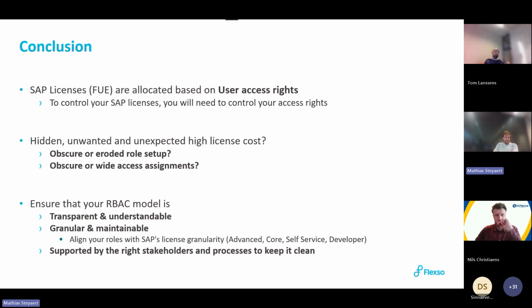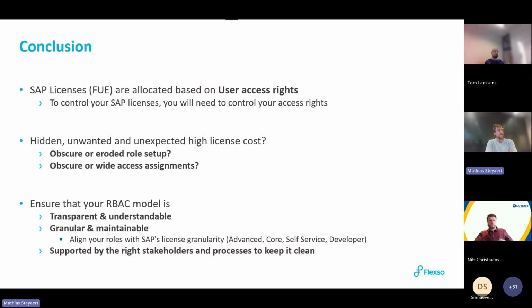By using, of course, a role-based model, which is mandatory in SAP. You get access via roles. So transparent and understandable, that's the labels, so the role content matches the role description. Granular and maintainable, so that's the M&Ms.